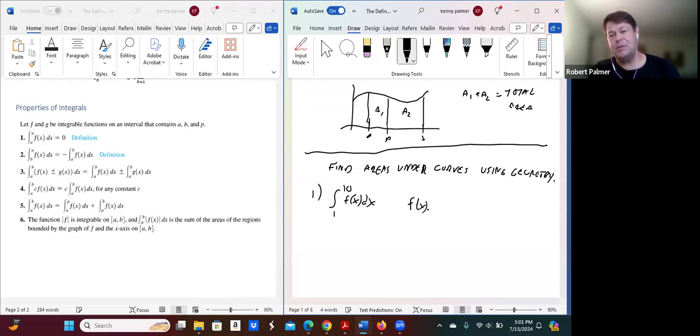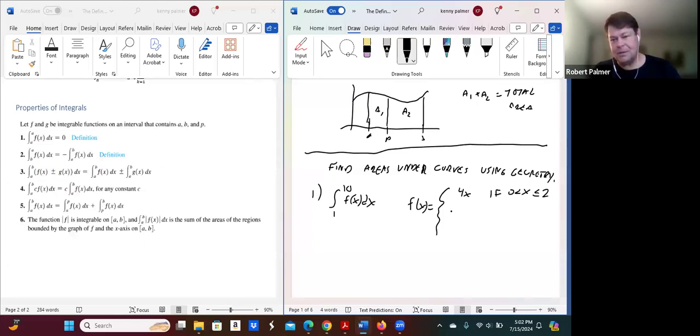It's going to be a piecewise function, and basically 3 pieces. The first part is 4x if x is between 0 and 2.